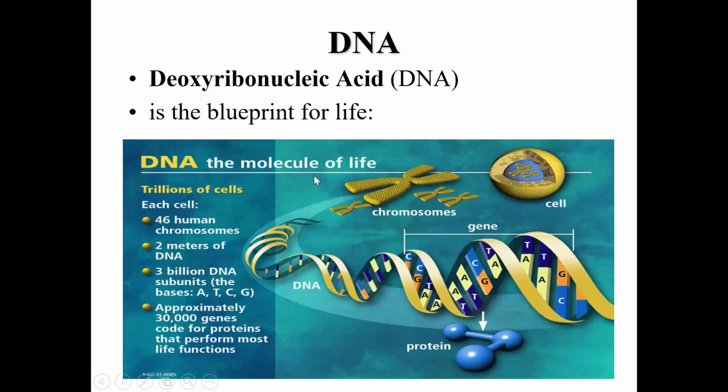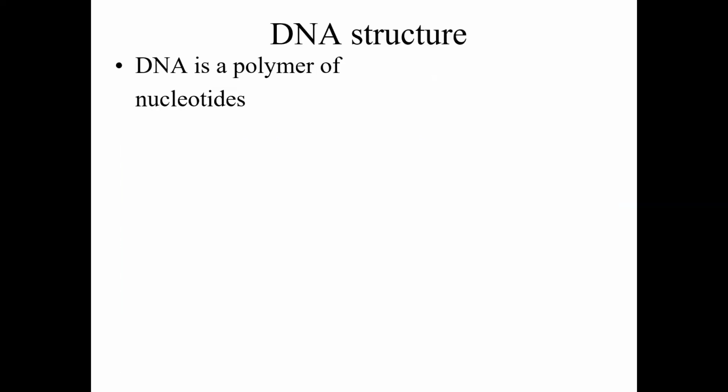The DNA has these letters, which are the bases A, T, C, G. There is a segment of this DNA that is called the gene. When this gene is transcribed and translated, it gives you a protein which carries out the functions of life processes in the cell. We are going to see those details in subsequent slides.